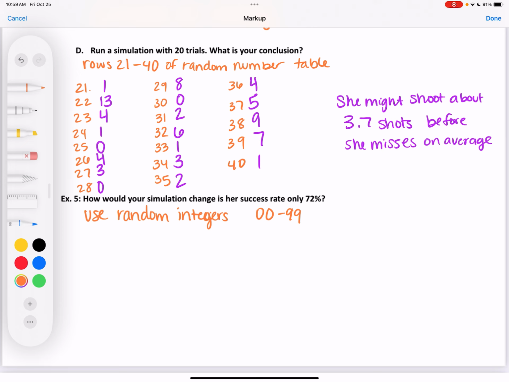On the calculator I could just use 0 through 99 because it will just put up the number as it is. But if I'm using a table, I have to use 2 digits so that it's consistent. So 0 through 71 would be a good shot, and 72 through 99 would be a miss.